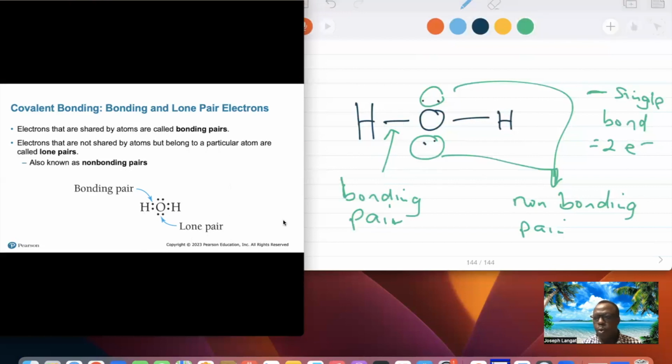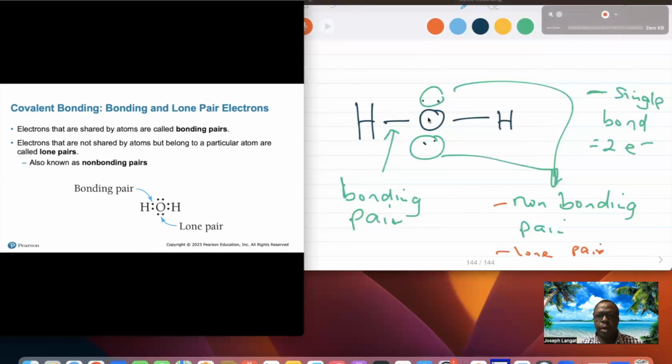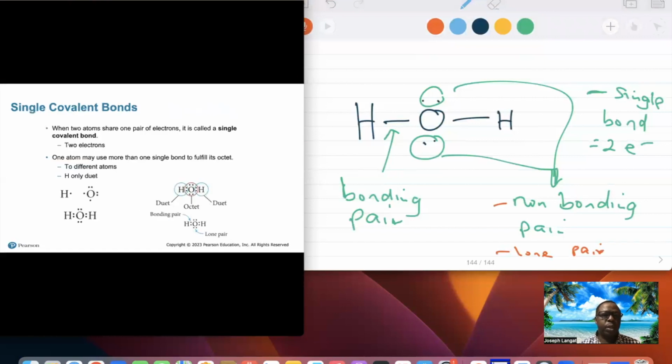In a quiz, you may be asked how many non-bonding pairs there are: 1, 2. There are 2 non-bonding pairs. Bonding pairs, we have 2 for H2O. So remember, there are 2 types of electrons in a molecule when you go to Lewis structure.